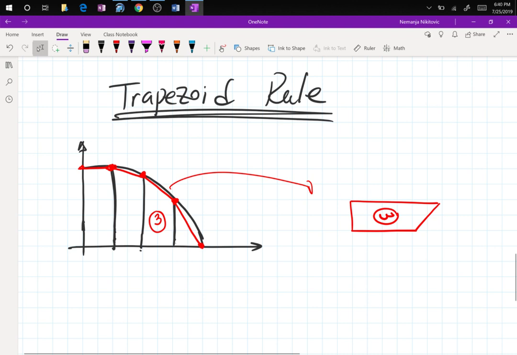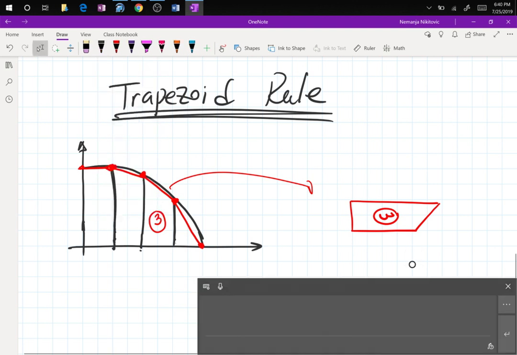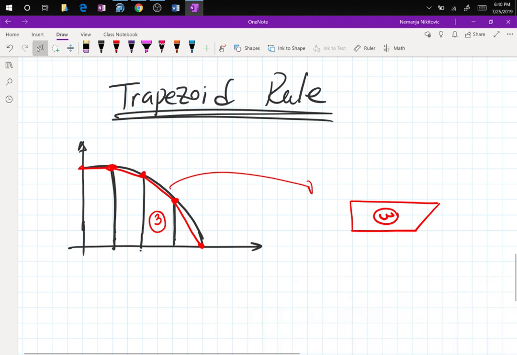Now, I don't know if you know it, the area of the trapezoid is the average of the two sides that are parallel times the height of the trapezoid. So call this A, call this B, call this H. Area of the single trapezoid is A plus B divided by 2 times the height. So that's the area of the trapezoid.